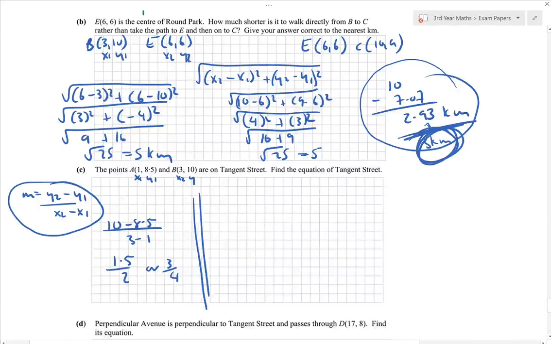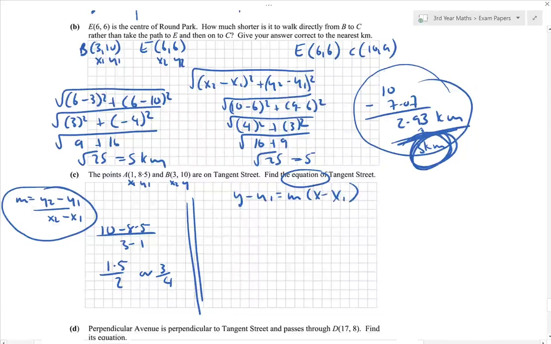Okay, and the next thing is, in order to find the equation of a line, you write down your formula. The two things you need are a point on the line and the slope. So we're going to use the 3 and 10 as our point on the line. I'm going to call that x1, y1. And my slope is 3 over 4.